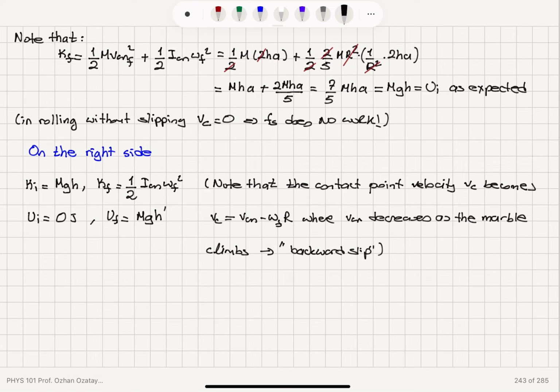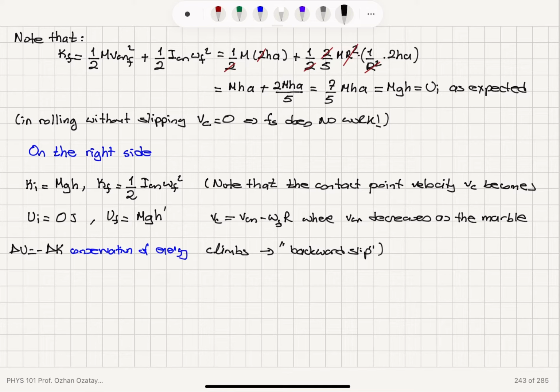Now we have conservation of energy, delta U is equal to minus delta K on the right hand side, because we have no friction.